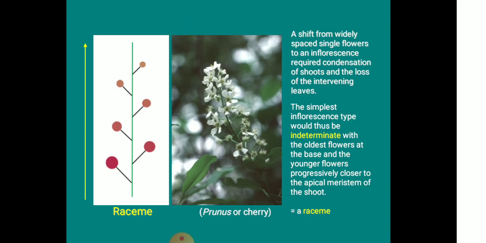So like that there are different types of ovary: superior, inferior, and semi-inferior. When the flower matures and fertilization takes place, the zygote will be formed, which leads to fruit formation. The matured, ripened ovary itself is called a fruit.